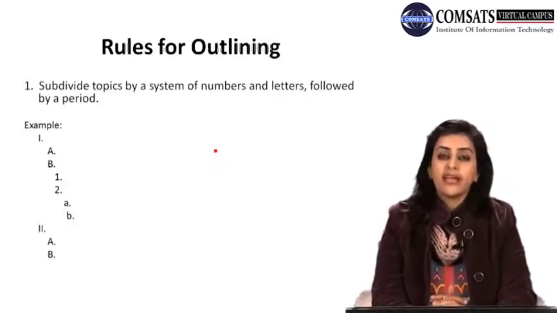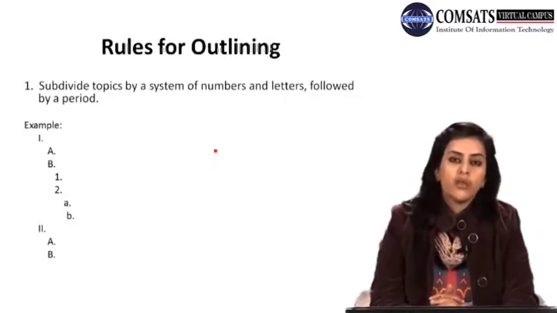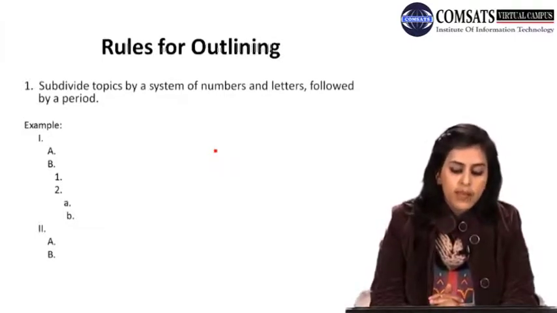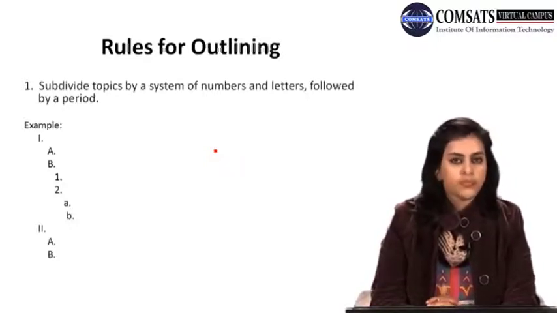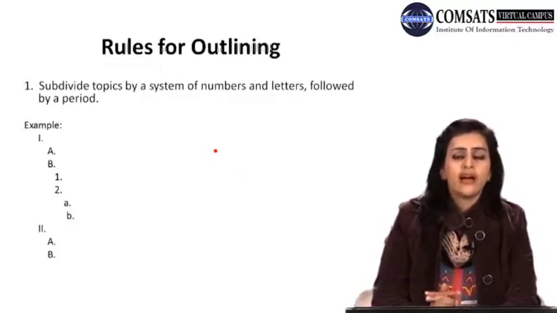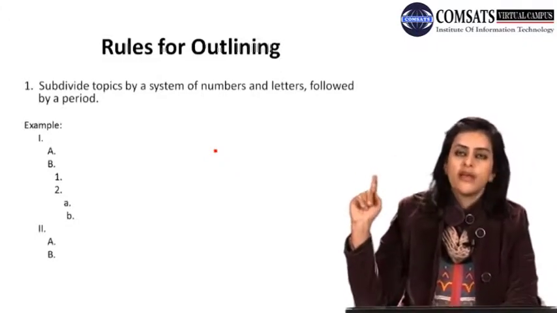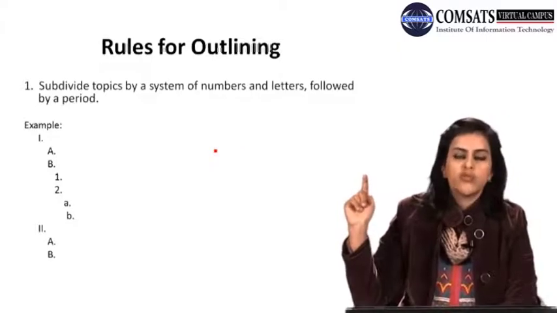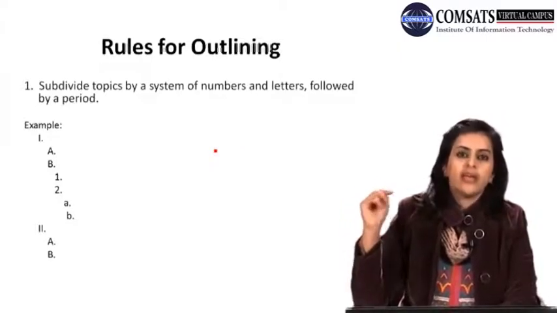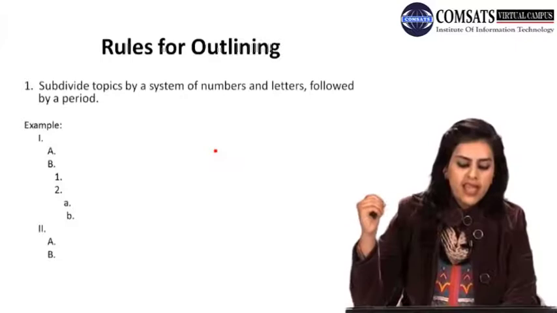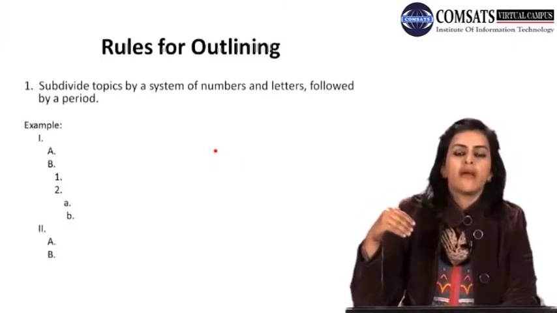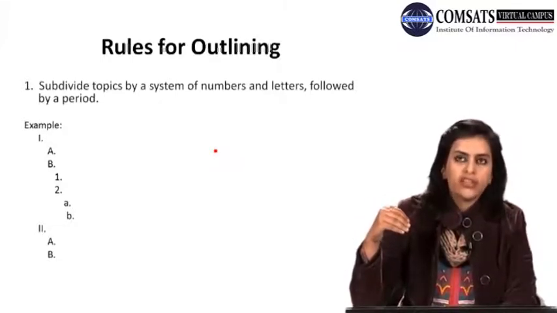Now see on the slide how the rule of outlining works. Subdivide topics by a system of numbers and letters followed by a period. Now let's see an example. As you can very well see, your major heading will come on top, that is number 1, written in Roman, followed by A and B. A and B are your subheadings, and then A and B are elaborated in numbers 1 and 2.